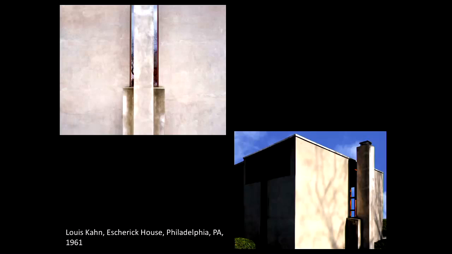Just like we were talking about the Pantheon the other day, right at the top where you would think you would need the most structure. What do the Romans do? They take away and have that negative skylight. My mind is blanking what it's called. Oculus. Thank you. Kahn is doing that same thing, but in many different iterations.